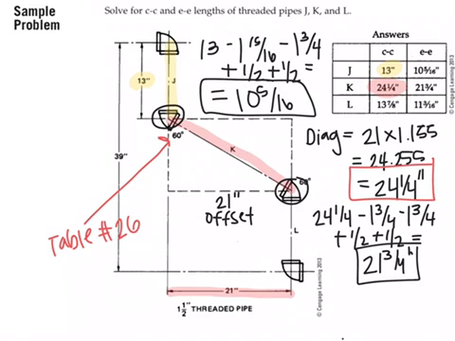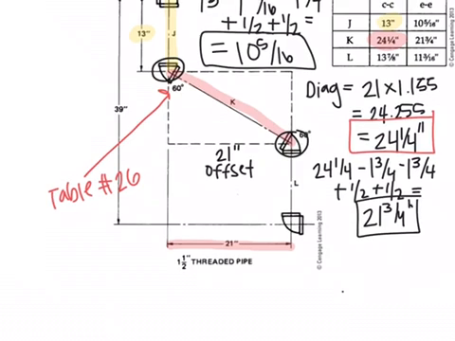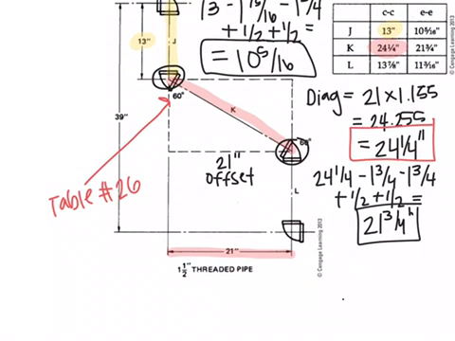The last thing that we need to find is the end-to-end for pipe L. So in this situation, we're going to have to use some of our mental math skills. Now, we know that the entire rise is 39 inches. Our goal is to figure out what L is. L is right over here.